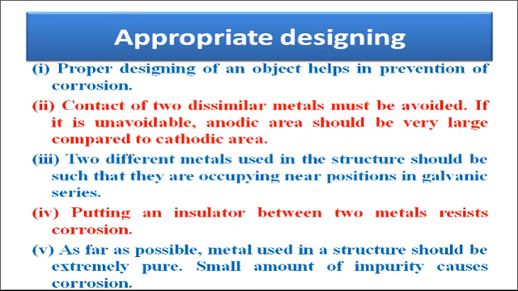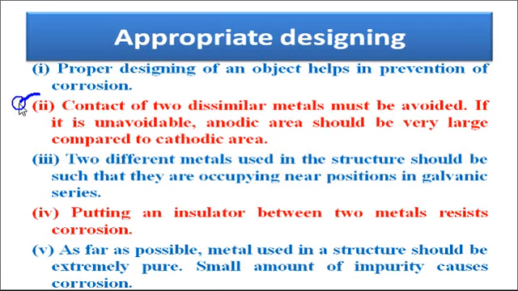So basically what we have learned till now is that we should avoid direct contact between two dissimilar metals. If direct contact is unavoidable, then we should select the metals in such a way that in the galvanic series the difference in the electrode potential of these two metals should be the minimum, and the anodic metal should be large and the cathodic metal should be small. And direct contact can be avoided by using proper insulation between these two metals.